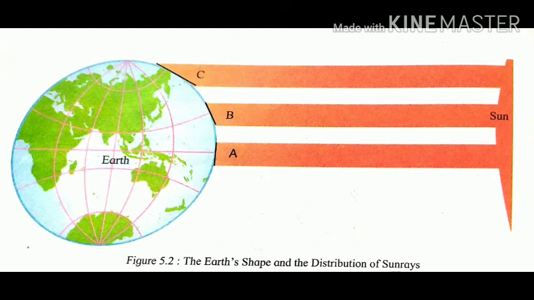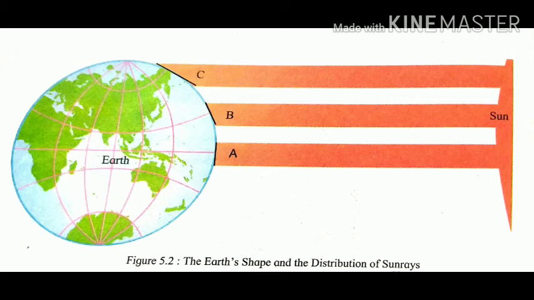This results in decreasing temperature from the equator to the polar regions, that is to the north and south pole. Based on the distribution of temperature, the earth can be divided into torrid, temperate and frigid zones, or tropical, temperate and polar regions.